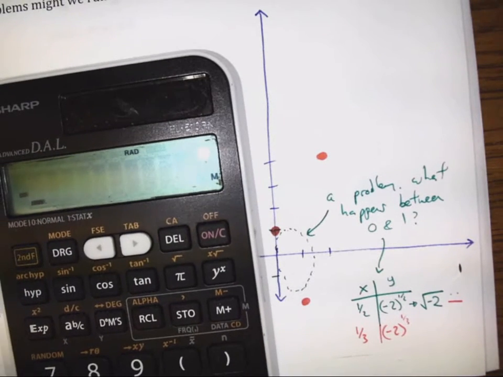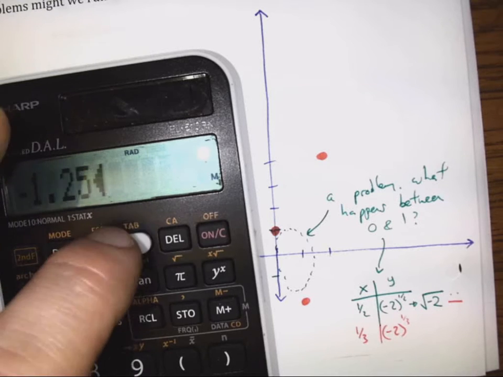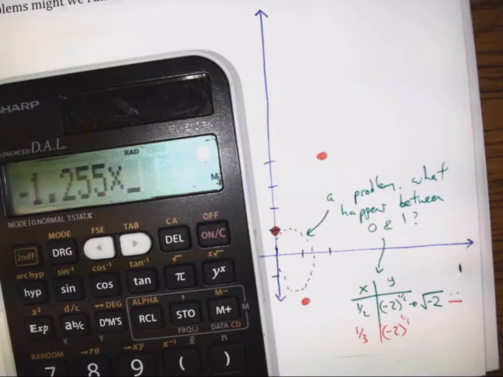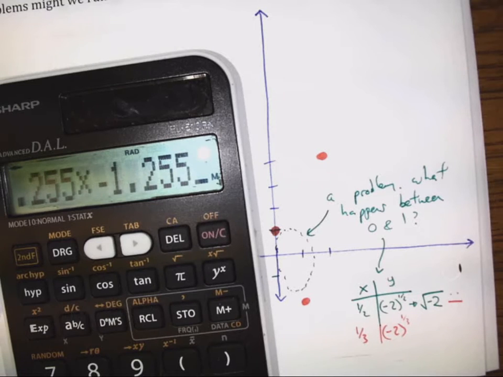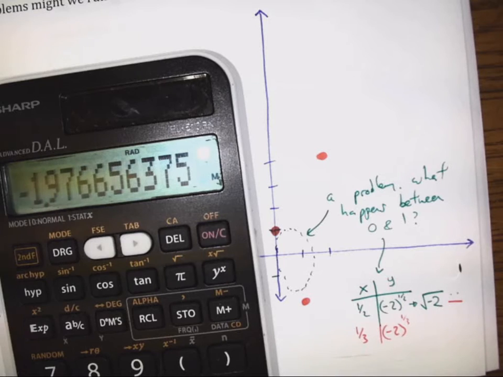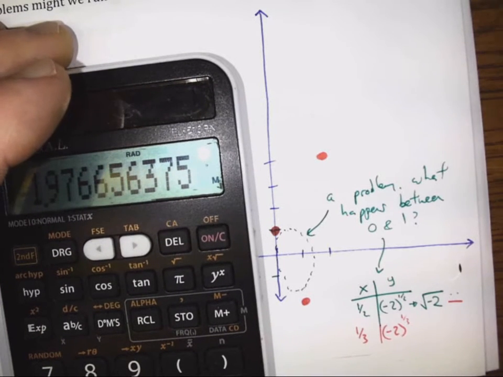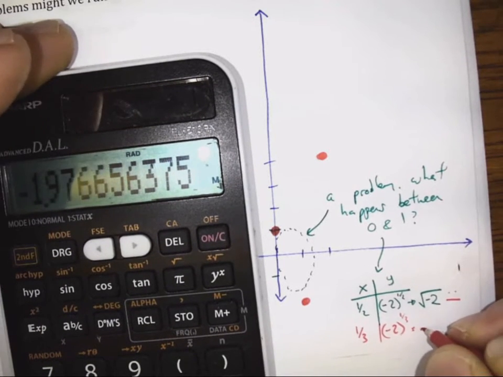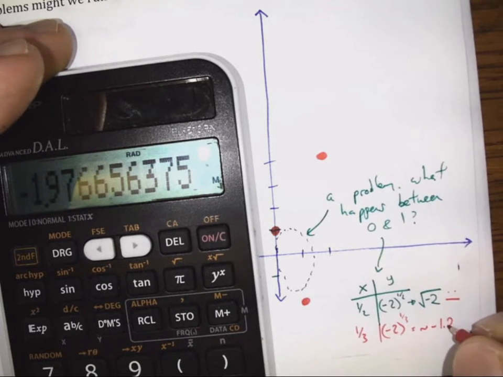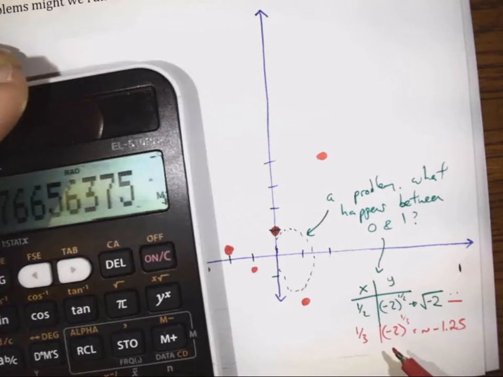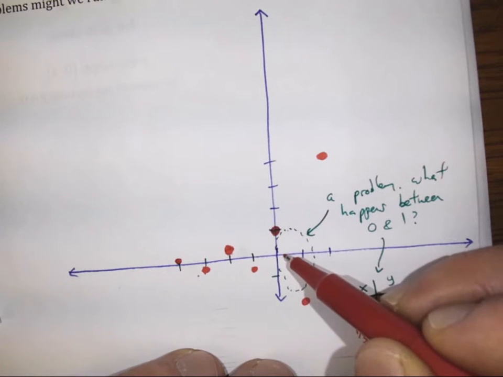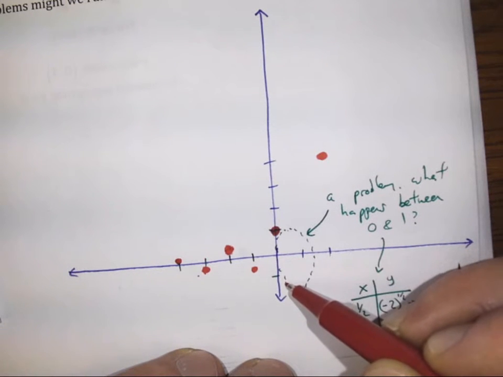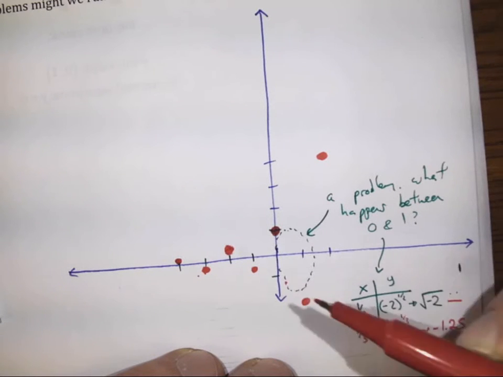So I'm going to make it negative 1.255 times negative 1.255 times negative 1.255. Okay, we're getting pretty close. It's approximately negative 1.25. So when x is a third, y is about negative 1.25. Well, that's interesting. I wasn't expecting a point quite there.